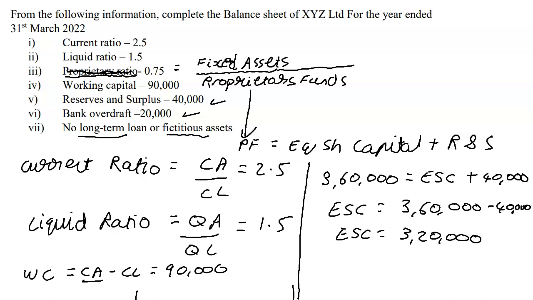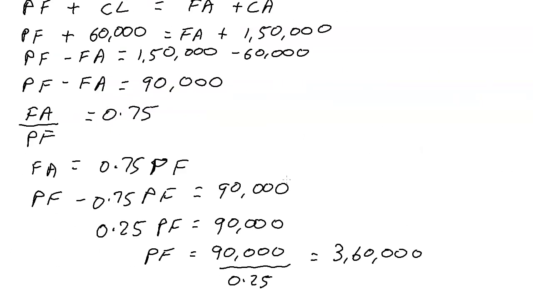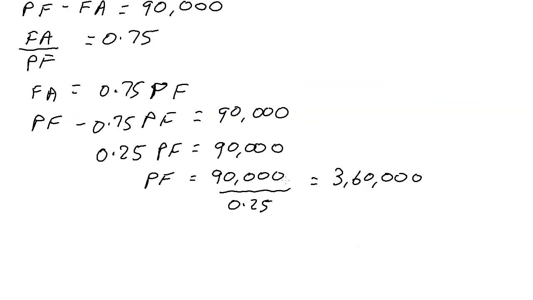So I've got equity share capital, I've got reserves and surplus, I have current liabilities. I can now get the last part, which is fixed assets. I know that fixed assets is equal to 0.75 times the proprietor's fund.